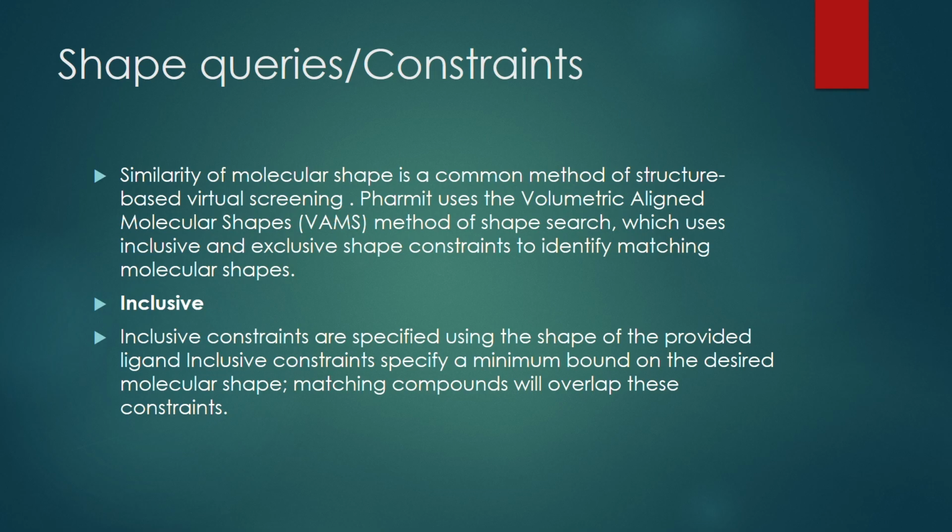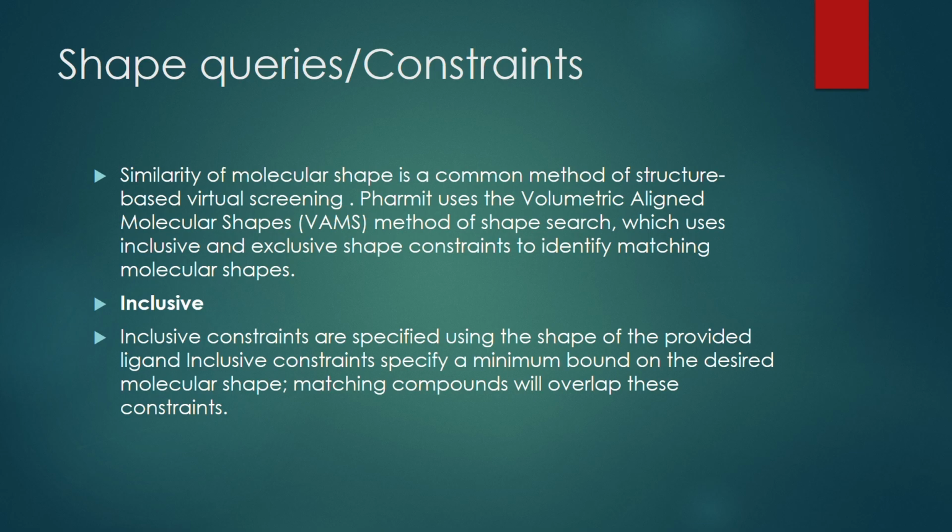The next is about shape query constraints. Similarity of molecular shape is a common method of structure-based virtual screening. Pharmit uses the volumetric aligned molecular shape method of shape search, which uses inclusive and exclusive shape constraints to identify matching molecular shapes.